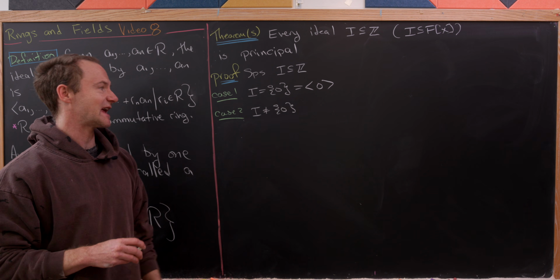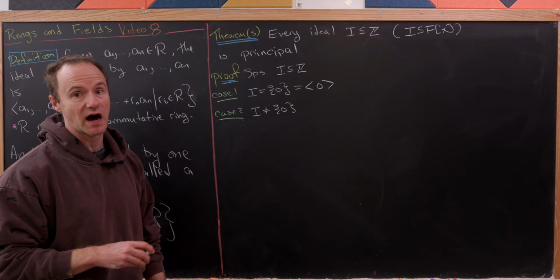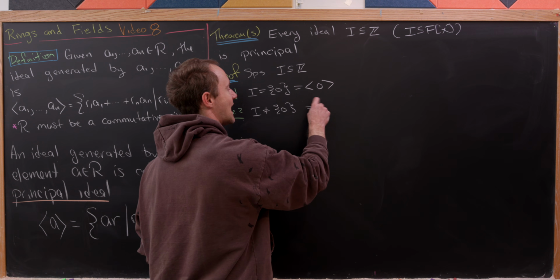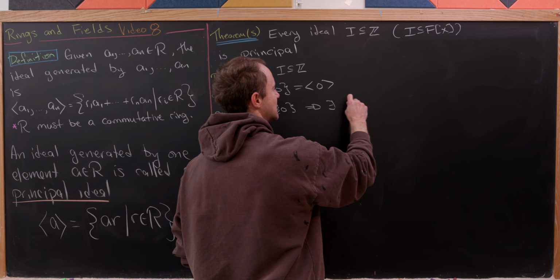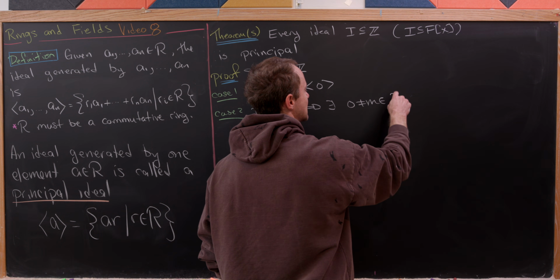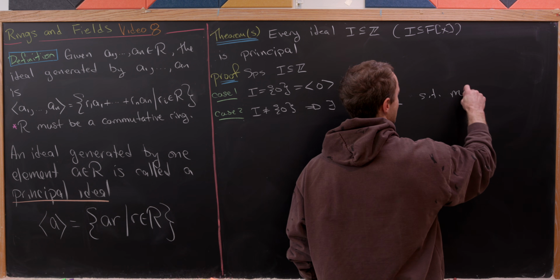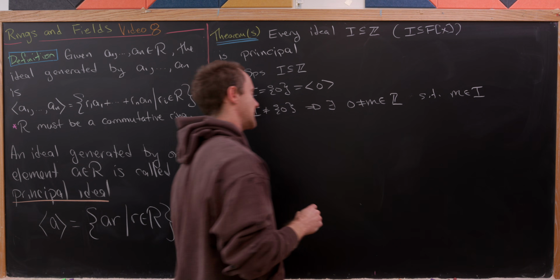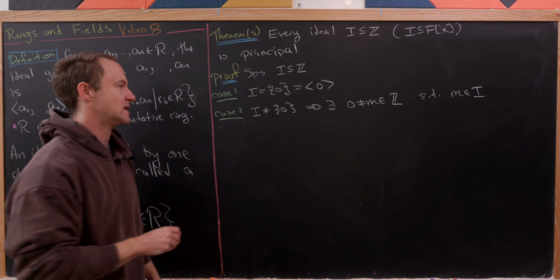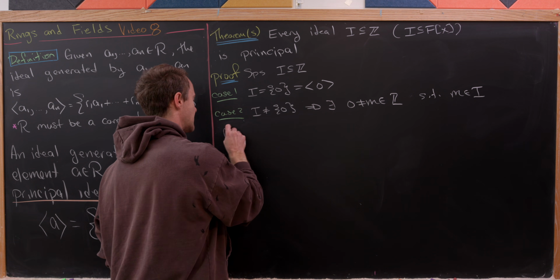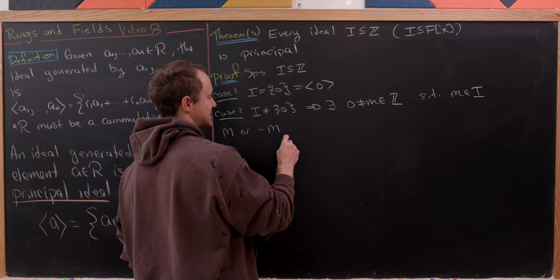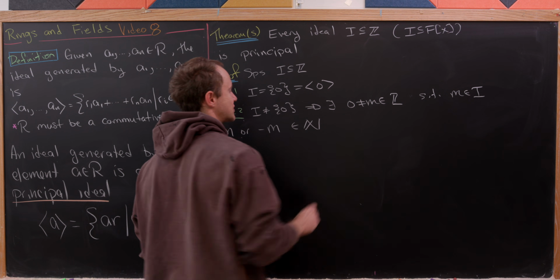Okay, so now let's look at case two, which is I is not the zero ideal. But that means that there exists an element of Z, which we'll call m, that's non-zero, such that m is an element of I. Okay, but now note that m or minus m is an element of the natural numbers.